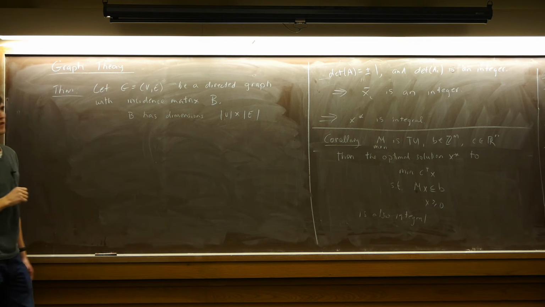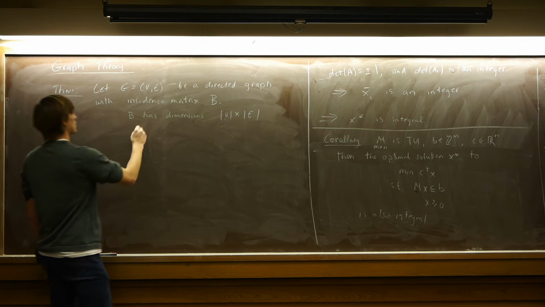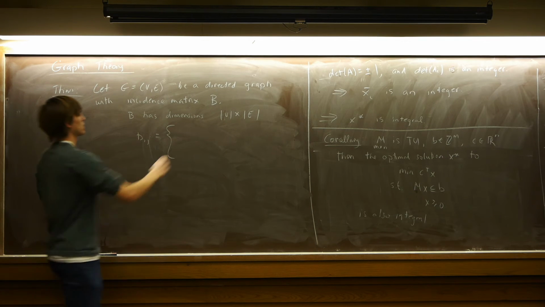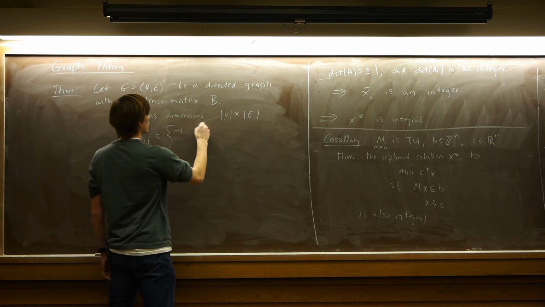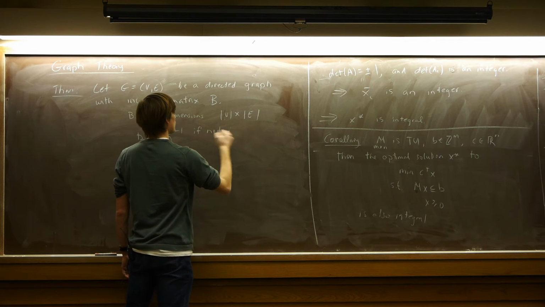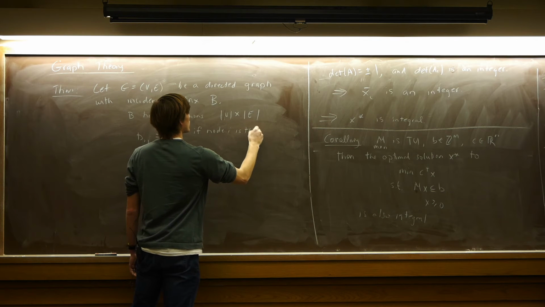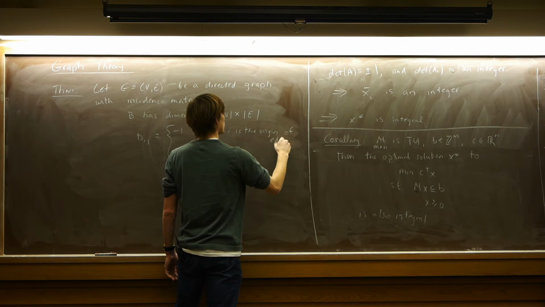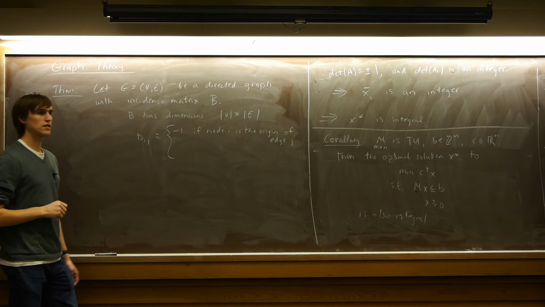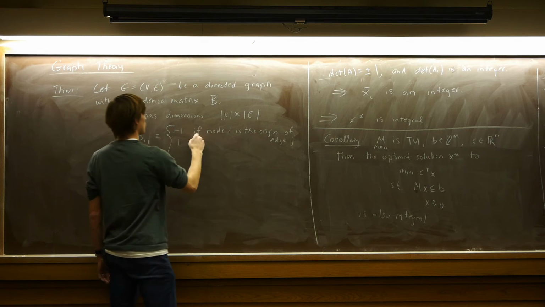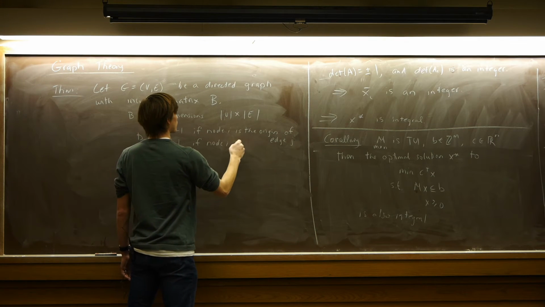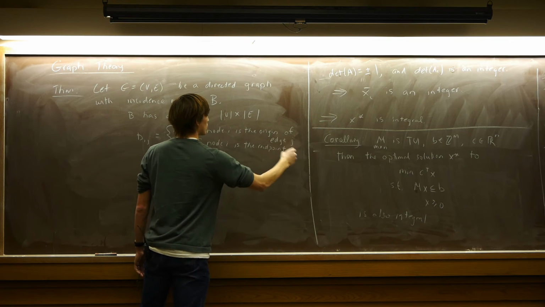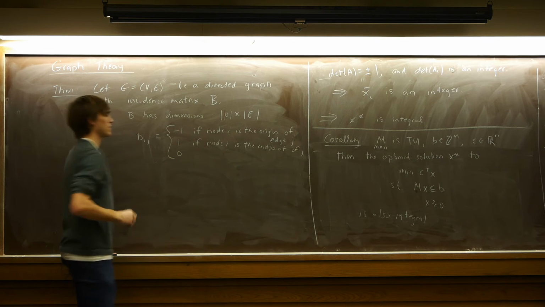The number of nodes by the number of edges is the dimension of the incidence matrix. The incidence matrix is just defined as a 0, -1, or 1 matrix, where the entry is -1 if node i is the origin of edge j, it's +1 if it's the endpoint of edge j, and everything else is zeros.